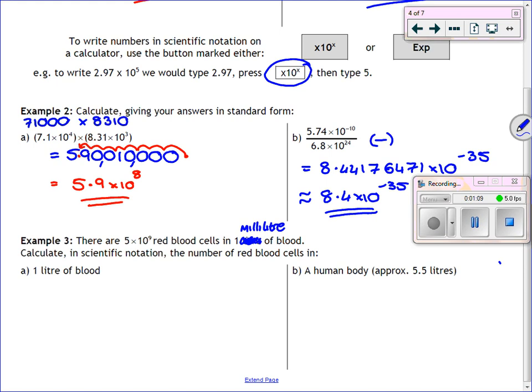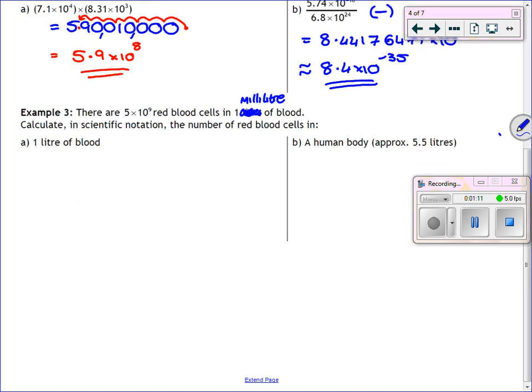So for that, if we remember that in 1 litre we have 1,000 milliliters. So 1 litre is 1,000 milliliters.